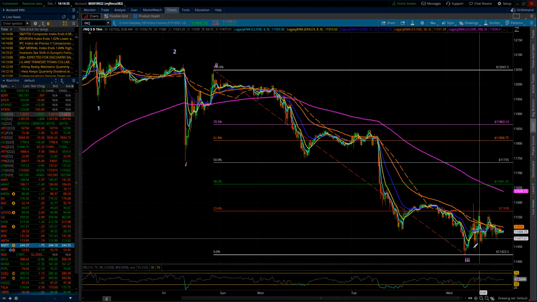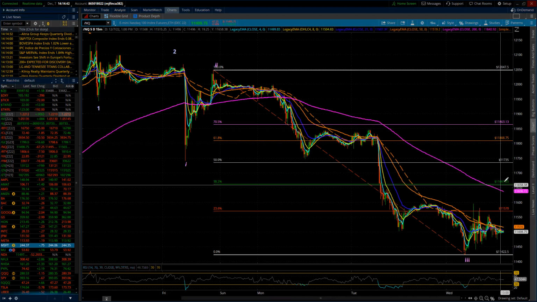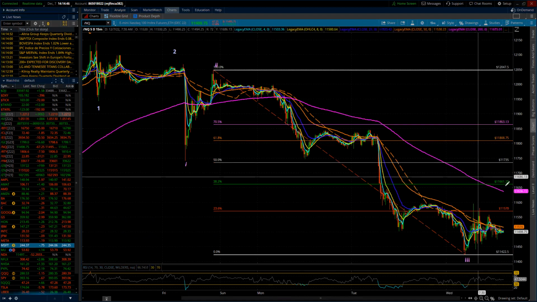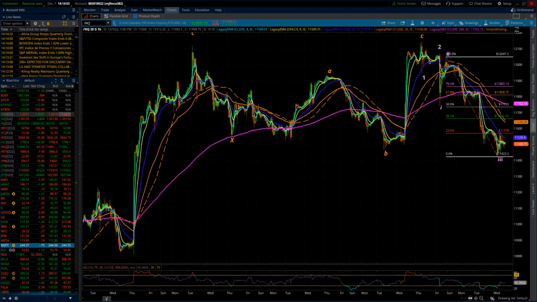If this is indeed a B wave triangle, we're going to get thrusting out of it in a C wave, then I would expect it to kind of get up to 11,661, or at least the 15-minute 200 at 11,636. Let me pop this back out to the hourly chart, and we can take a peek again.